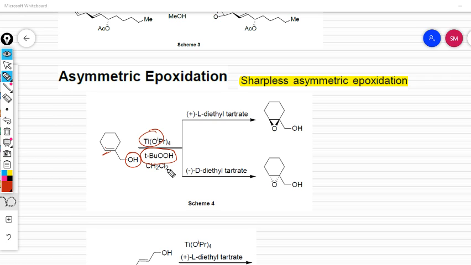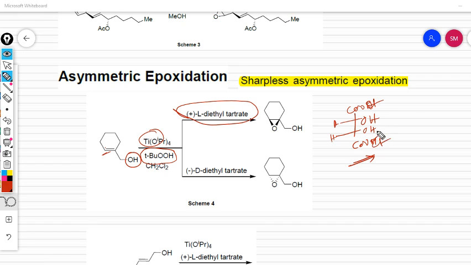The thing is the usage of plus or minus L-diethyl tartrate. Tartaric acid is this. So this is meso-tartaric acid. If it is substituted with ethyl, this is diethyl tartrate.